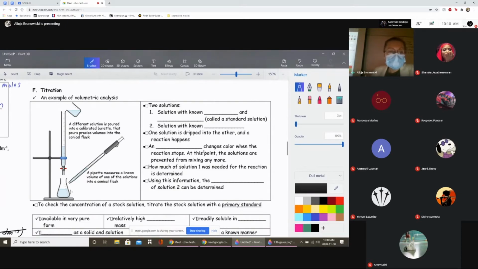So you would have an unknown concentration of something, and you use something else where you know the concentration. So here you would have a known concentration.